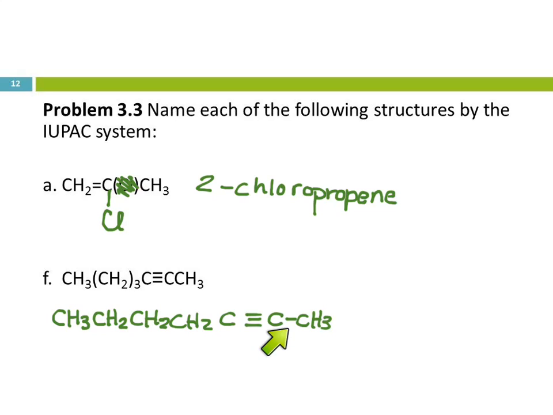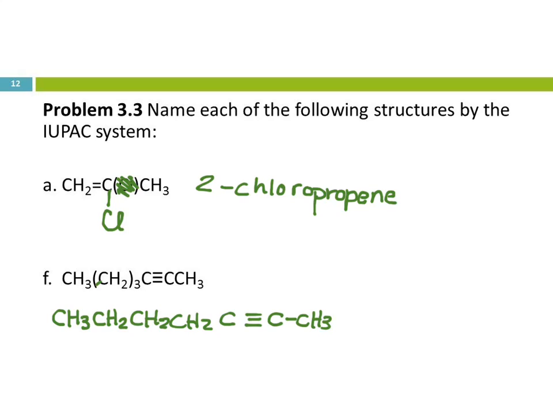Why don't these carbons have any hydrogens on them? Because we have the triple bond on one side and a single bond on the other. That's all the bonds they need, and so they don't have any hydrogens on them. So we need to decide how to number this.